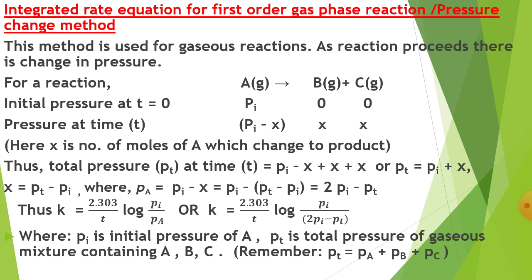Again, Pi is the initial pressure of A and Pt is the total pressure of the gaseous mixture containing A, B and C. Remember that according to Dalton's law of partial pressure, P total equals Pa plus Pb plus Pc. So this formula you have to use when pressure is given in place of concentration.